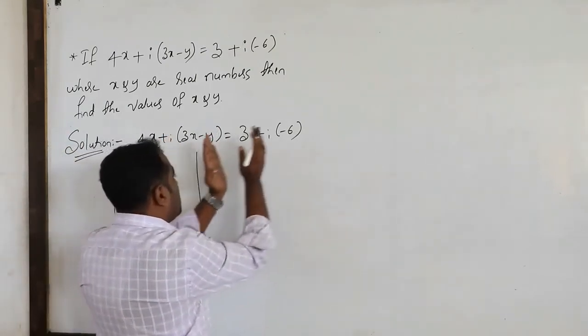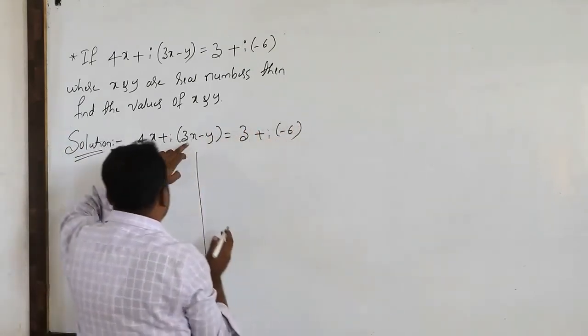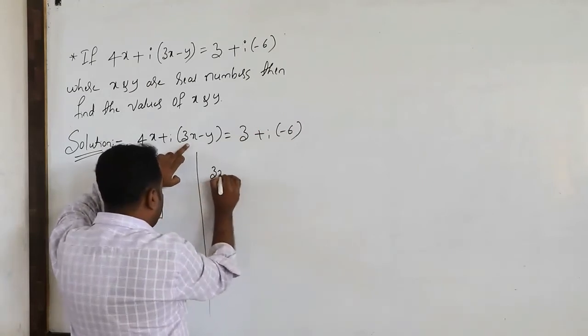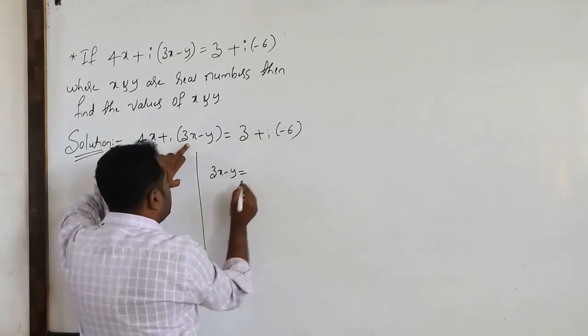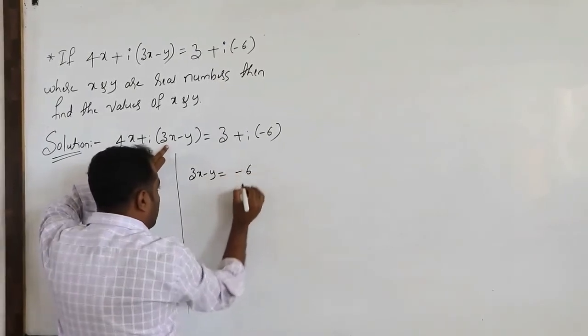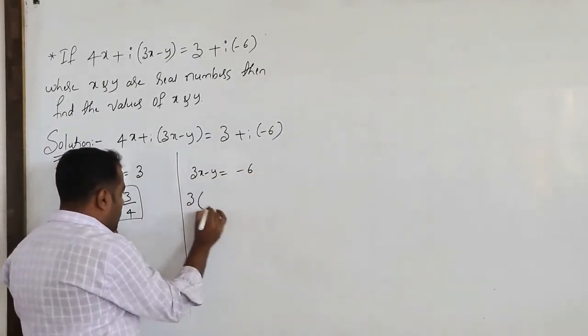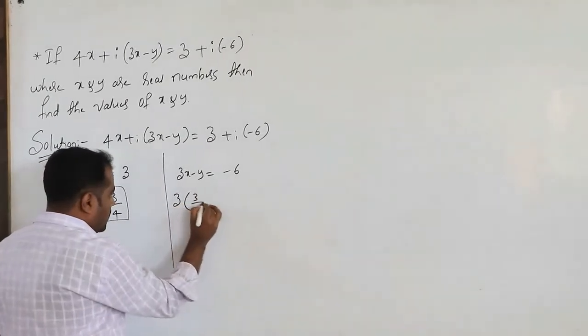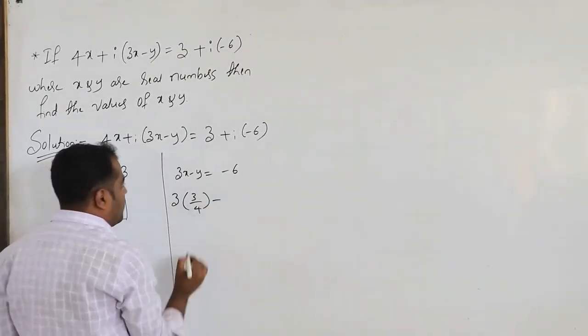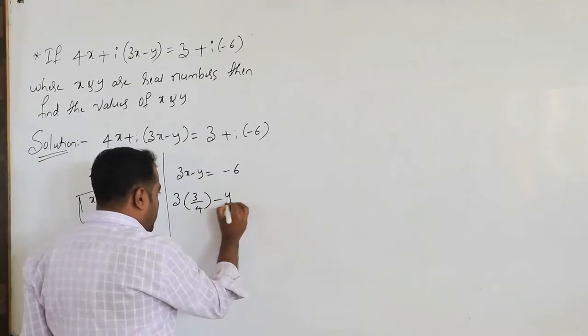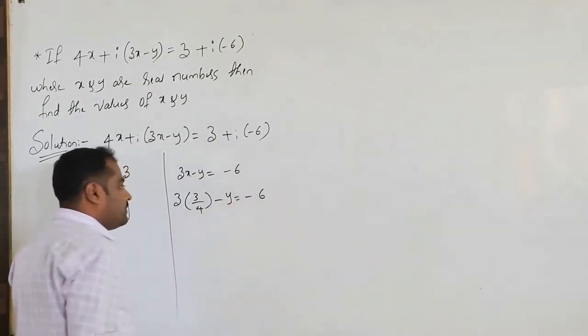Imaginary part is equal to imaginary part. Here 3 times x minus y is equal to minus of 6. X value 3 into x value, 3 divided by 4, minus y is equal to minus of 6.